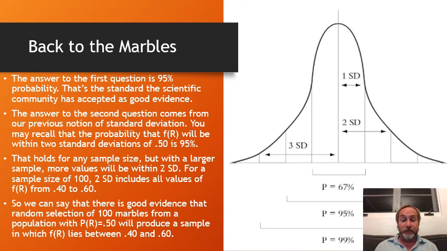So for a sample size of 100, two standard deviations includes all values of the relative frequency of R from 0.4 to 0.6, right? So we can say that there is good evidence. Now remember, here we know the actual proportion in the population. We're not working backwards.